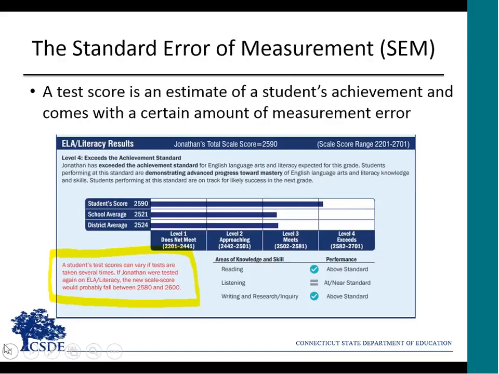This range represents one standard error of measurement above and below the student's scale score. In this sample report, the student's overall vertical scale score in ELA is 2590, and the standard error of measurement is 10. So the range is between 2580 and 2600.